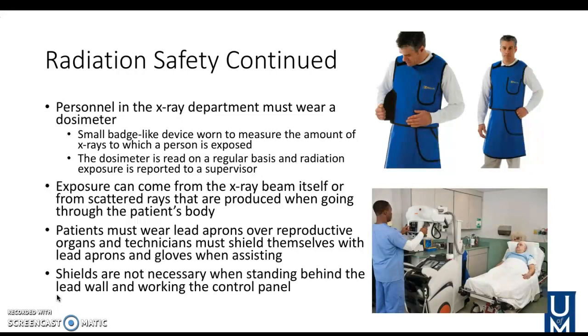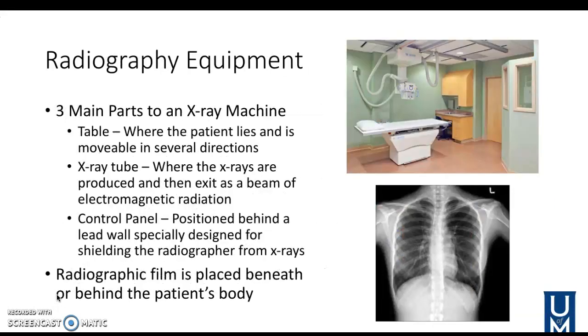Patients must wear lead aprons over reproductive organs, and technicians must shield themselves with lead aprons and gloves when assisting. Shields are not necessary when standing behind the lead wall and working the control panel. So they don't have to wear those shields if they're going to be behind that lead wall and just shooting the pictures behind that wall.